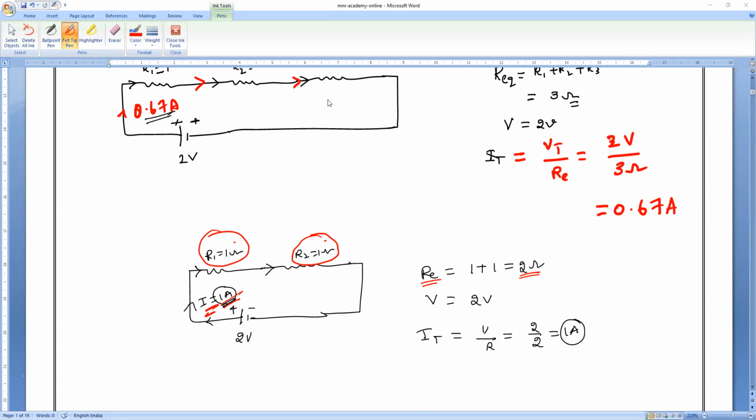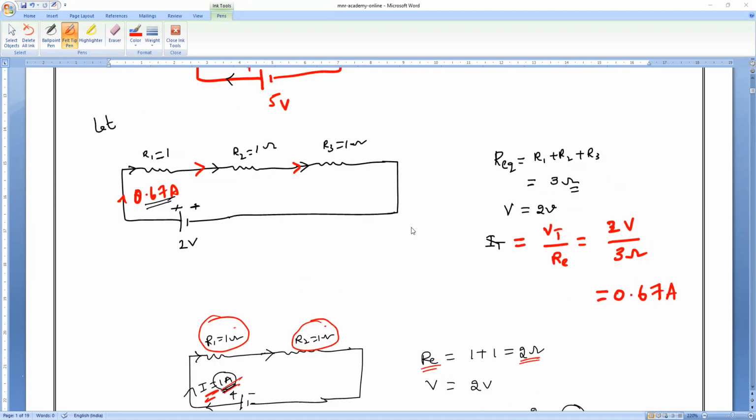Clear? Anyone having any doubt in this? You can ask. So this is the concept. Remember, everyone, in series connection, when the number of resistors increases, effective resistance also increases, but the amount of current decreases.